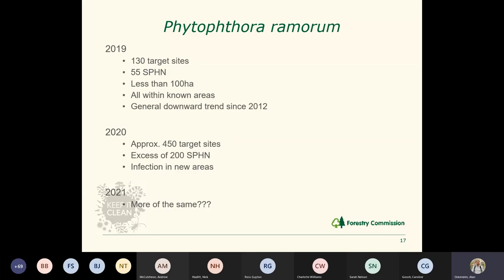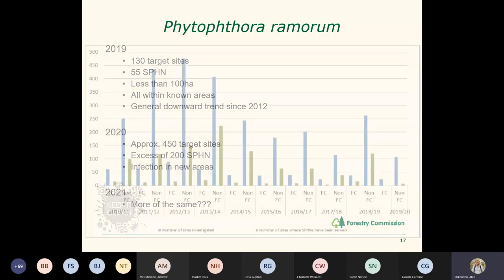What's going to come this year? Will it be more of the same? I'm not entirely sure. The weather at the tail end of autumn last year was conducive. It was mild and it was damp, but I don't know. We'll have to see as we start to do our aerial surveillance once larch starts to flush later on this year.